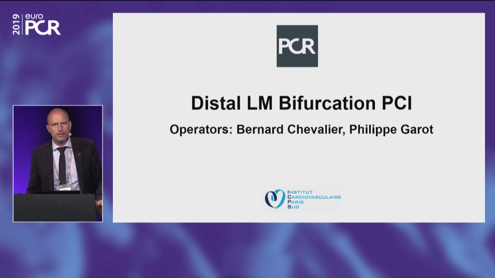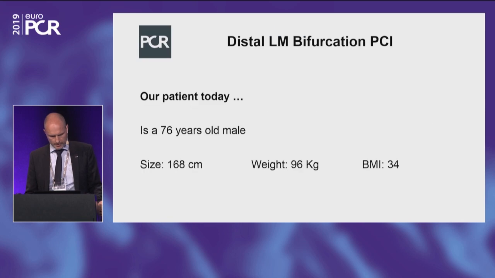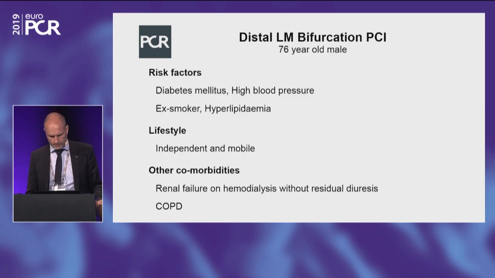So we can now really enter the session and start with the first case presentation entitled Distal Left Main Bifurcation PCI, for which the operators in Massy will be Bernard Chevalier and Philippe Garot. So our patient today is a 76-year-old male with body mass index of 34.